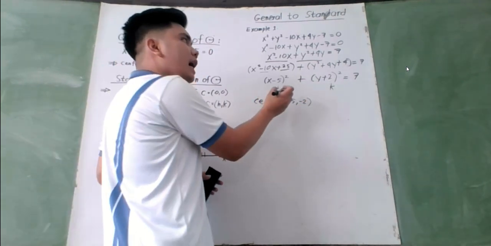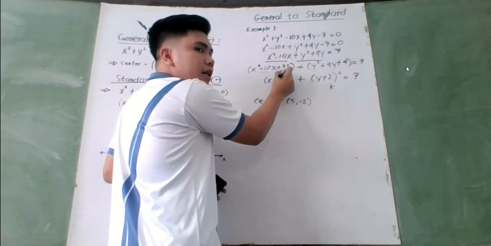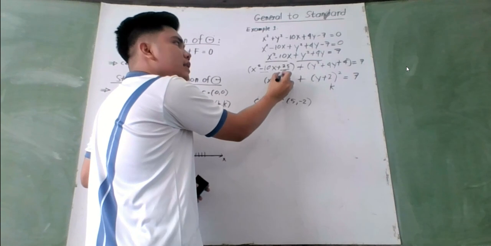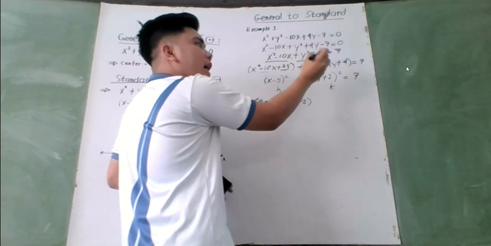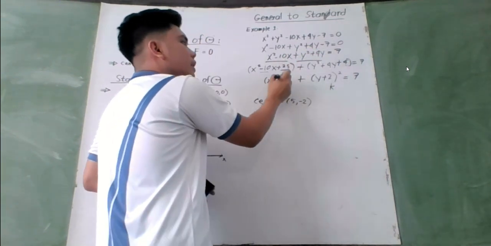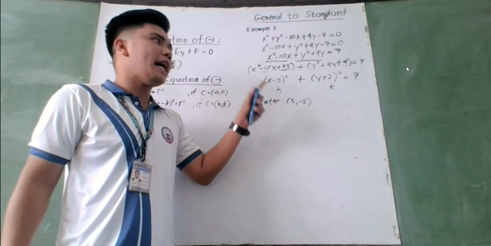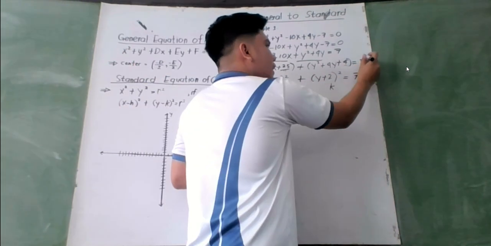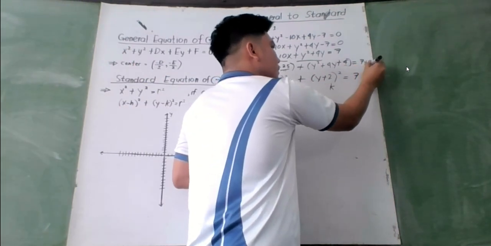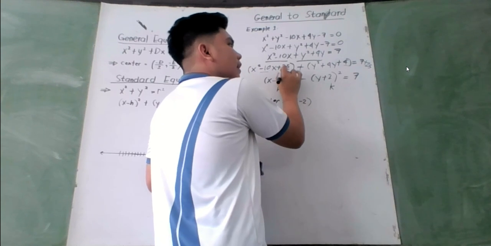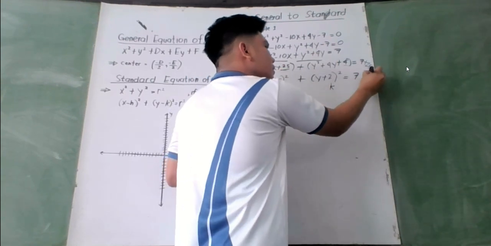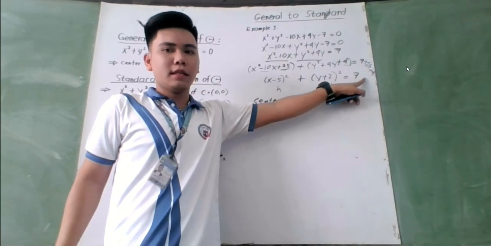Since we added 25 here, out of nowhere, and we added 4 also here, then we should also add 25 to the right and 4 to the left.